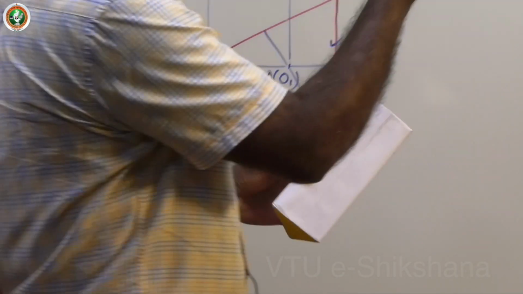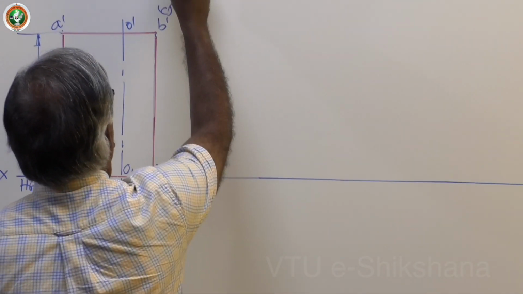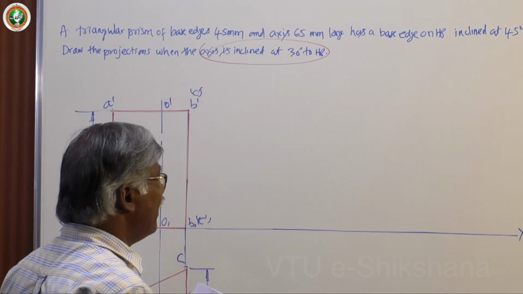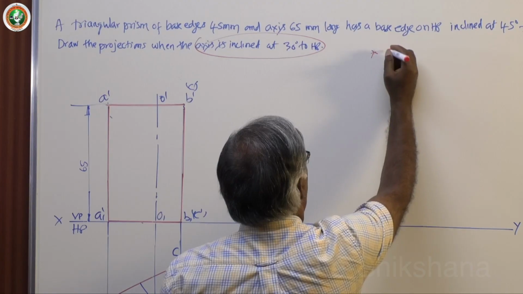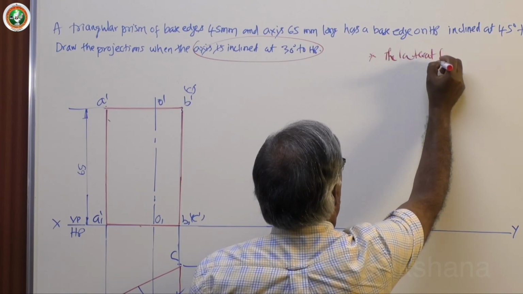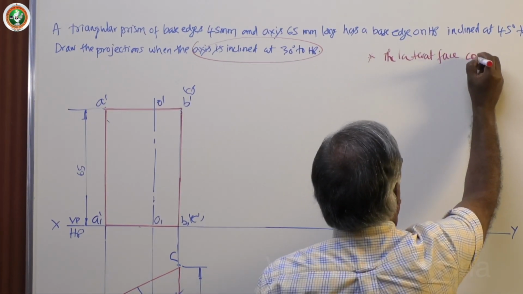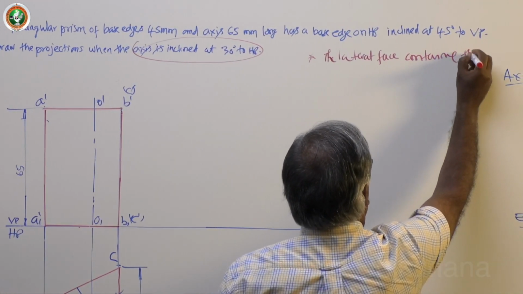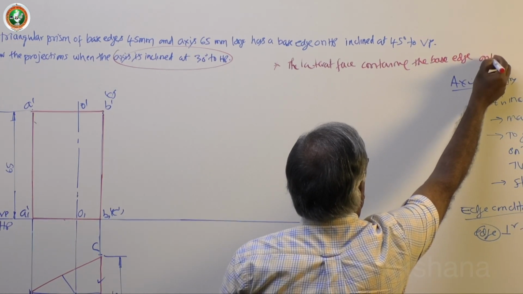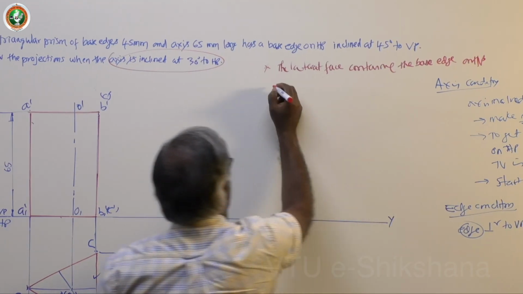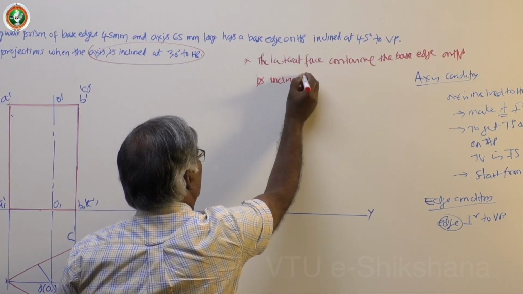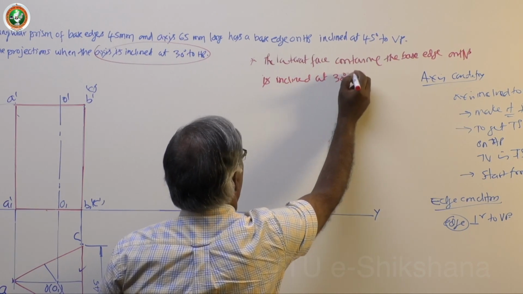So, instead of giving the axis inclined at some degree to HP, he may give the lateral face containing the base edge on HP, or simply the edge on HP, inclined at 30 degrees to HP.